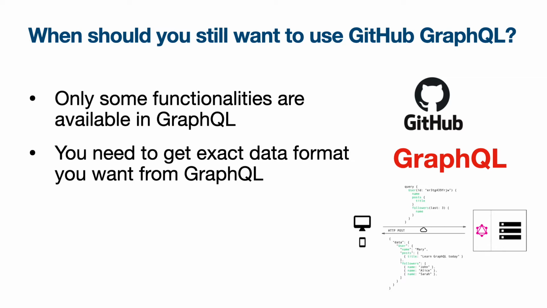Okay, but when is the time that you don't want to use REST API, but use GraphQL? It's possible that some APIs are only available through GraphQL. For example, in GitHub, there is a functionality to get mannequin users' data, which is used whenever you want to migrate from some source control management like Bitbucket, GitLab, or even GitHub to GitHub.